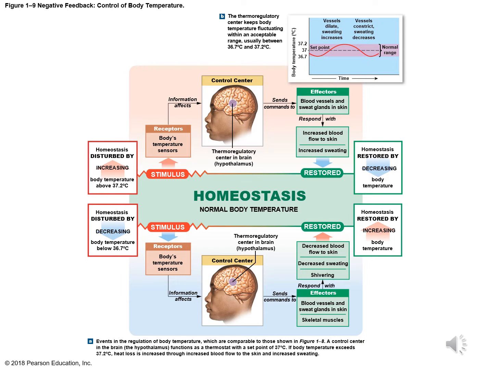It will then send information to the effectors, which are the sweat glands and blood vessels. Your blood vessels will increase blood flow, and therefore they will dilate, and your skin will become kind of red, bringing that warm blood to the surface. And your sweat glands will start to release sweat to the skin. Now, with the hot blood and the moisture from the sweat, they will cause evaporation, which will decrease the body temperature.